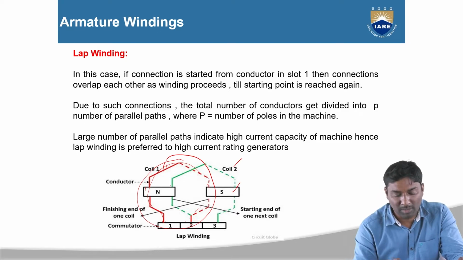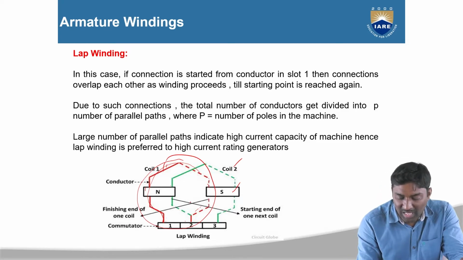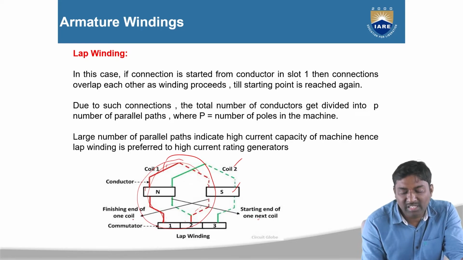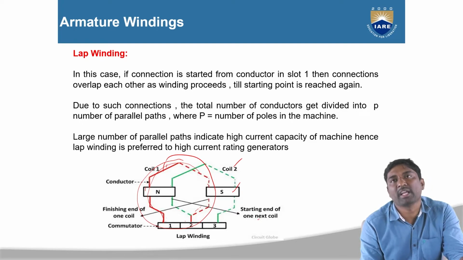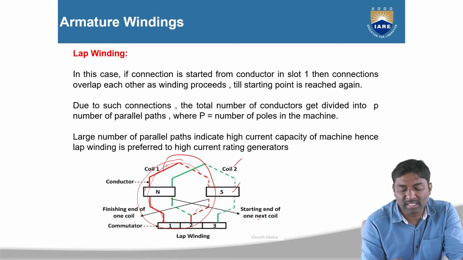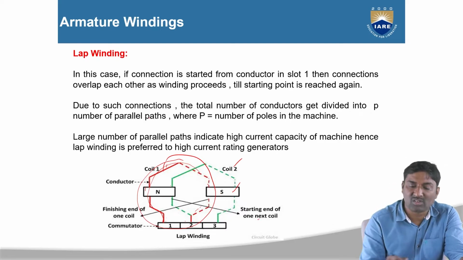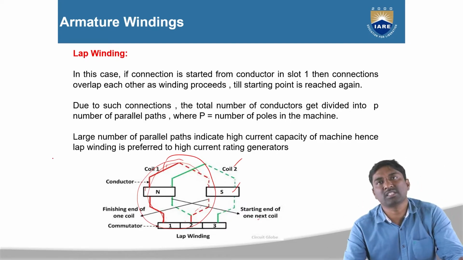Now you can observe here, this is the starting end of the next coil, and this is the finishing end of the other coil. These two are overlapping each other and closed at the starting point, reached again here. This type of connection is called a lap winding.